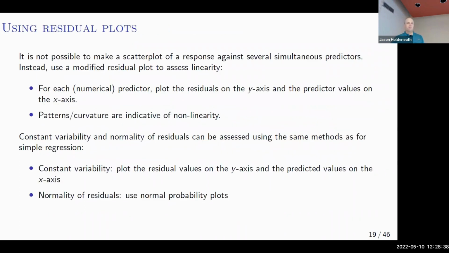It's not possible to make a scatter plot of a response against several simultaneous predictors. I mean, if you can think above 3 dimensions, you're an alien, I guess. It's really kind of outside of human conception.